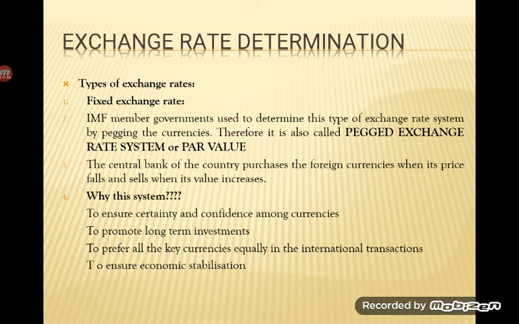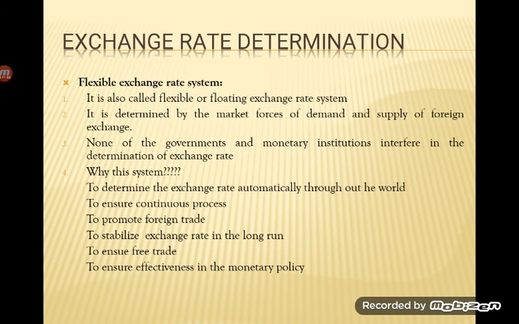But now the system we are following is the flexible exchange rate system. So what is the flexible exchange rate system? That is what we are discussing from the beginning of this topic. Flexible or floating: the exchange rates between the currencies are determined on the basis of market forces of demand and supply only.